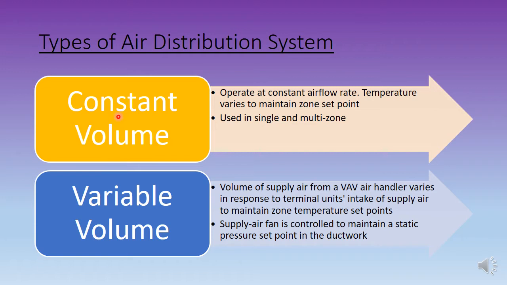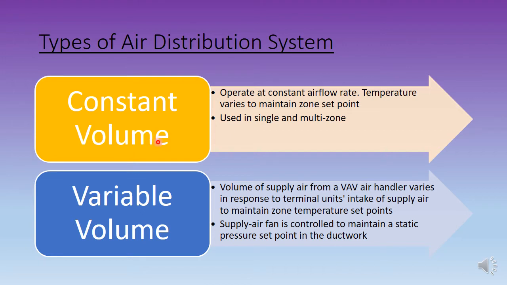Okay, there are two types of air distribution system. First, we have constant volume, and the other one is variable volume. And I believe this is just a recap.